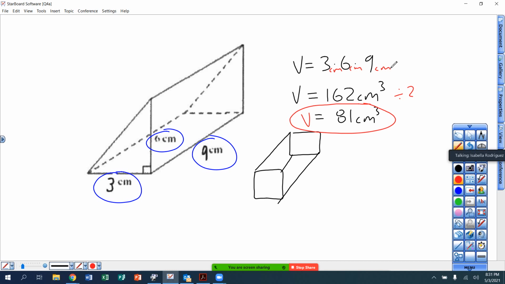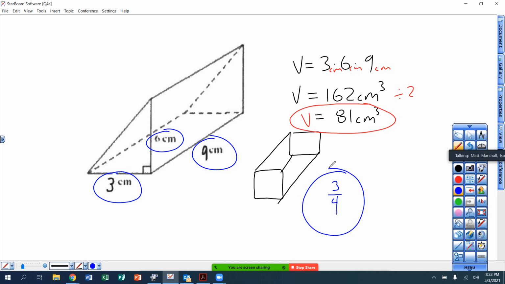Okay. But now the question is, what if I was scaling down this volume by a scale of 3/4? What would I times 81 centimeters cubed by to get it scaled down by a factor of 3/4 for volume? Wait, I'm trying to find the volume.